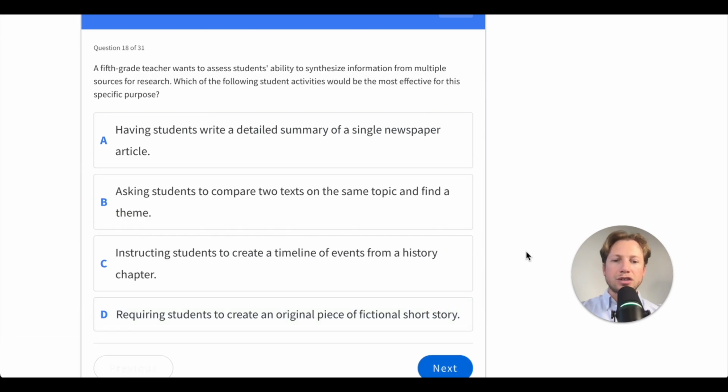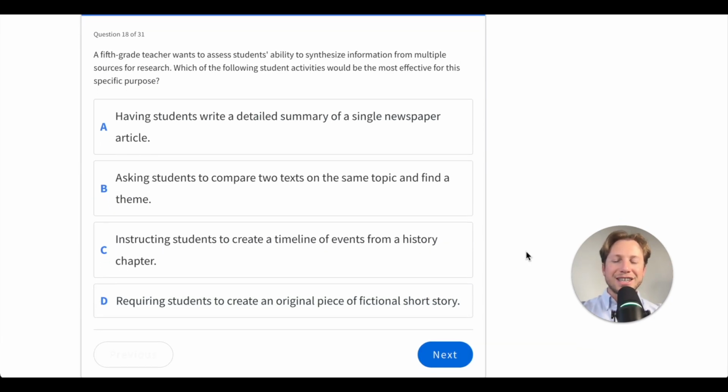Moving on to question number 18. This one asks, a fifth grade teacher wants to assess students' ability to synthesize information from multiple sources for research. Which of the following student activities would be the most effective for this specific purpose? All right, we want to use multiple sources, doing some research.